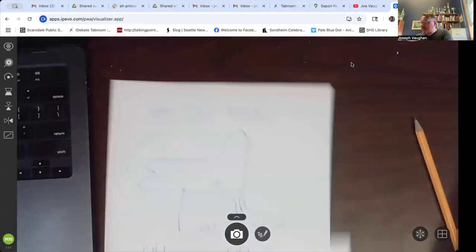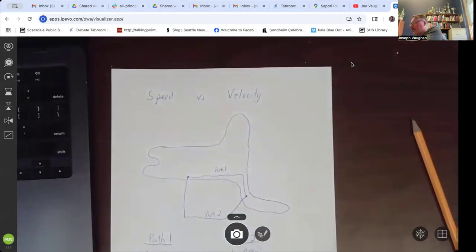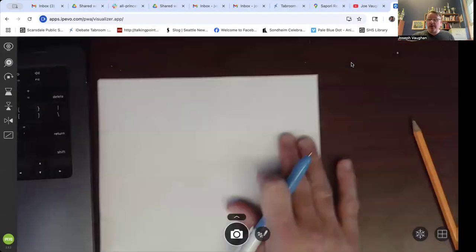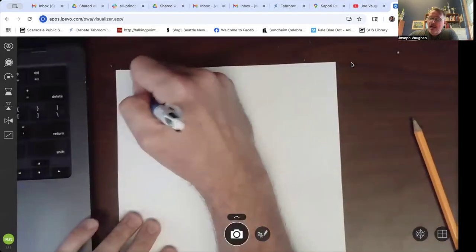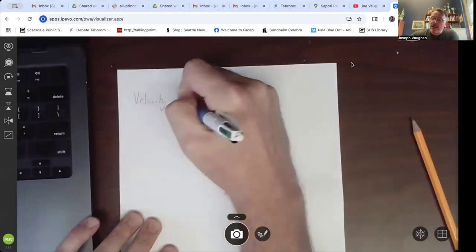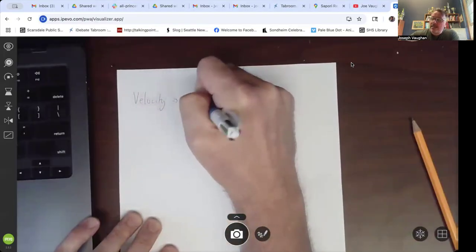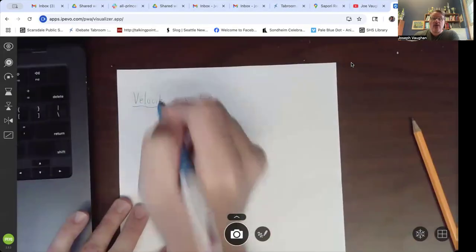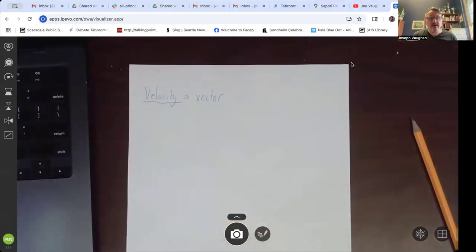So let's bring this to velocity. Well, one of the foundational notions that we talked about here is that we have to know what type of quantity we're dealing with. And the most important thing we learned about velocity initially is that velocity is what type of quantity? Well, it is a vector quantity, because the direction you're going matters when talking about velocity. 4 meters per second south is a very different thing than saying 4 meters per second, because velocity always has directionality encoded into it.